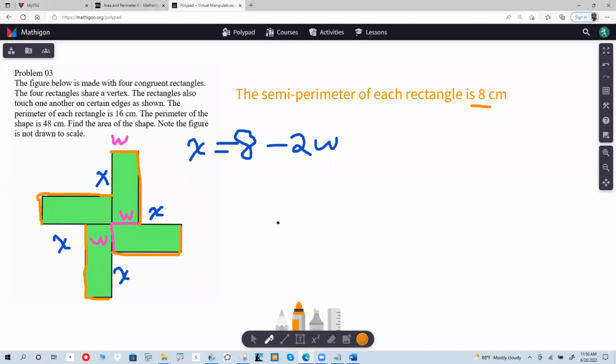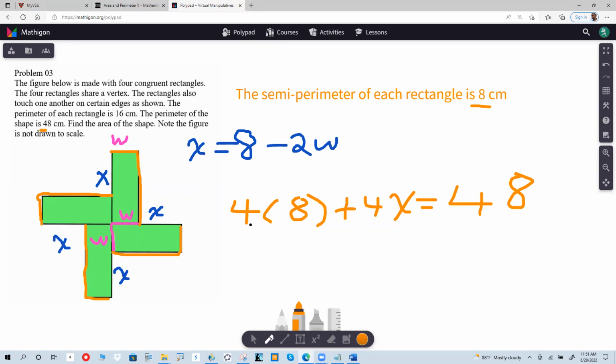What's my equation? My equation is going to be each orange L is 8. I have 4 of them, 4 times 8. And then I have all the 4 X's. It must be the perimeter of the whole shape, the windmill, 48.